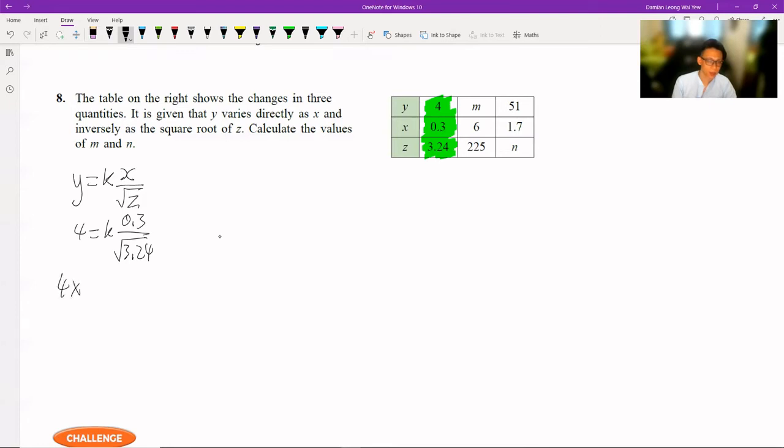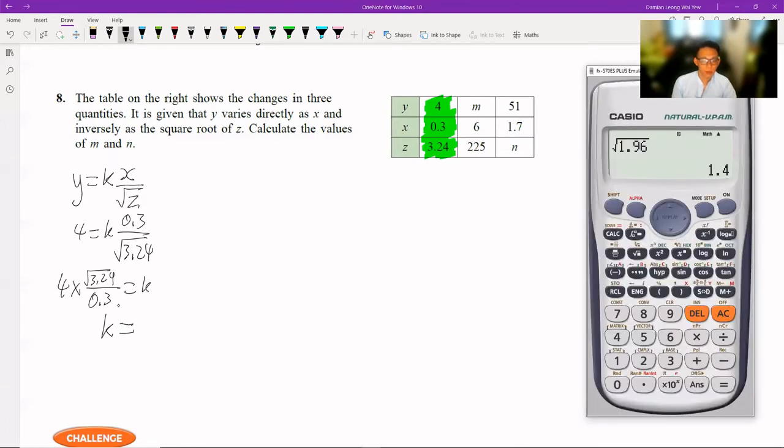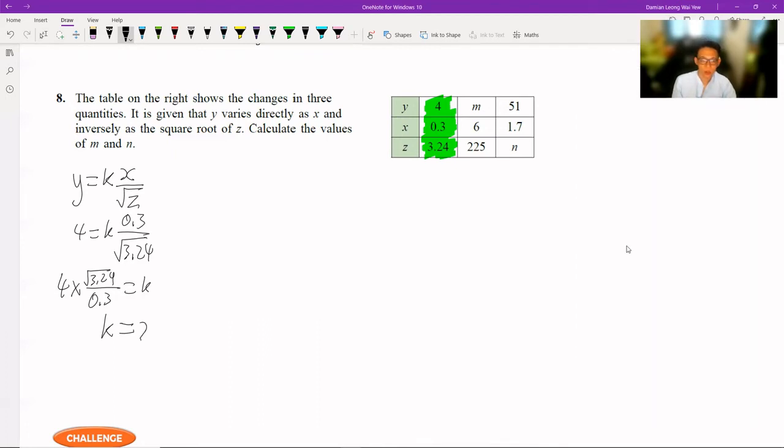So 4 times square root of 3.24 over 0.3 equals k. So k will be 4 times square root of 3.24 divided by 0.3. So it's 24. K is 24.